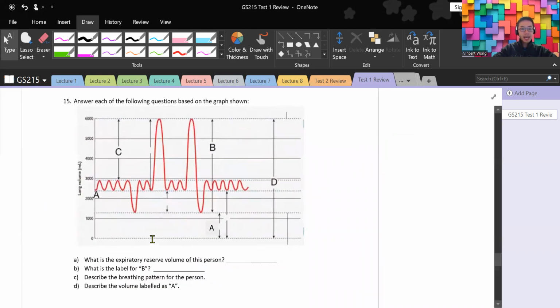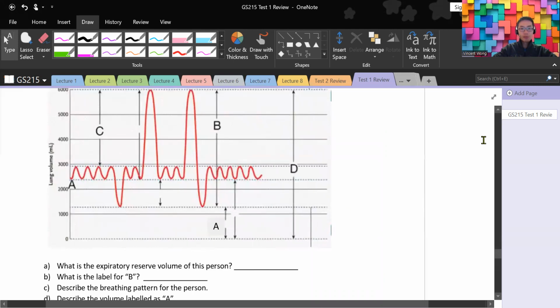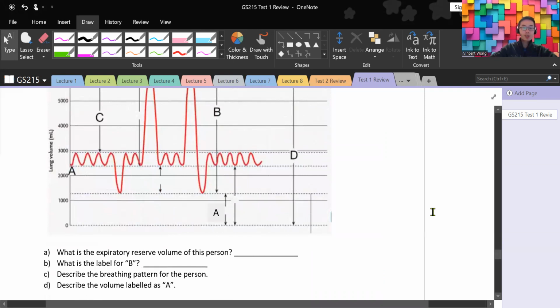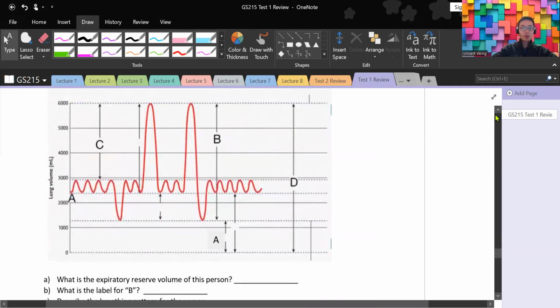What is the expiratory reserve volume of this person? Okay, so which of these letters correspond to the expiratory reserve volume? Actually, you know what? None of them corresponds to the expiratory reserve volume. It is right here. That's the expiratory reserve volume. That's how much air you can breathe out after your regular exhalation, right?